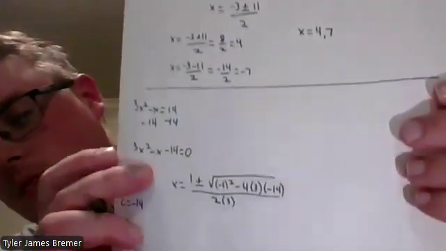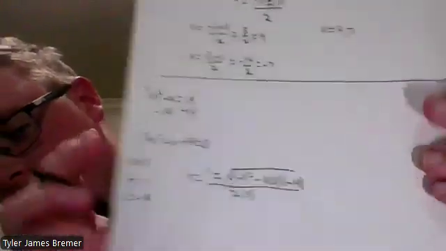I'll plug it in here real quick. So you'll get x equals 1 plus or minus the square root of negative 1 squared minus 4 times 3 times negative 14, all over 2 times 3. Then you'll go through all of it and simplify it.